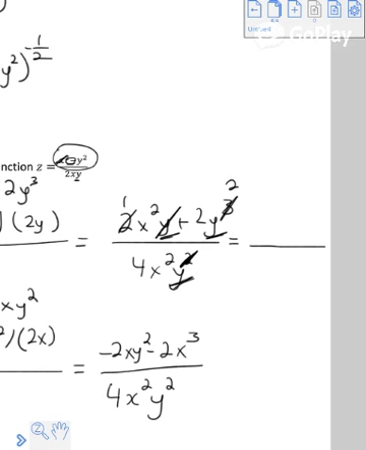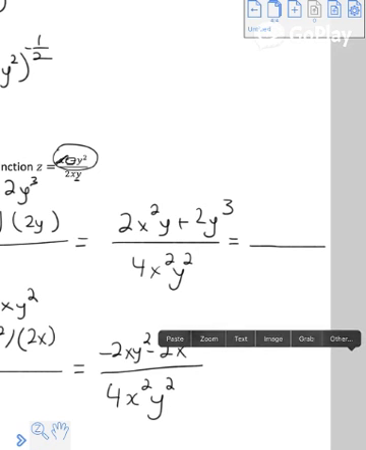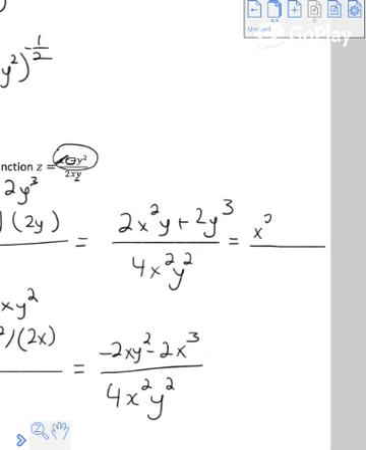So let me clean this up here. We're going to have x squared plus y squared over 2x squared y.